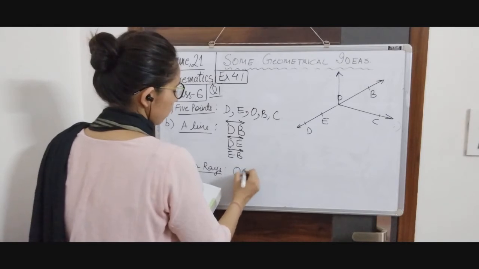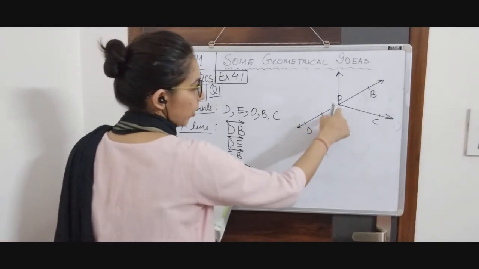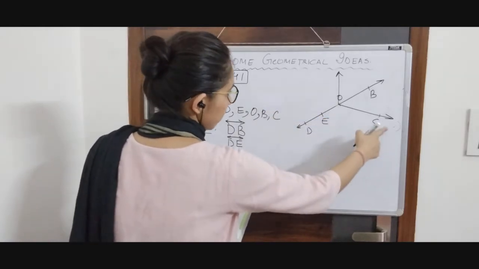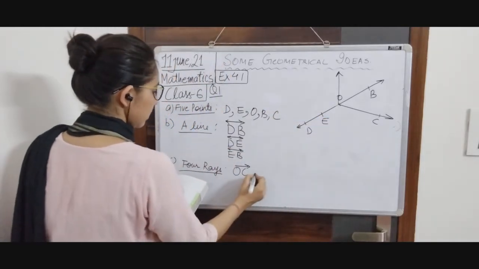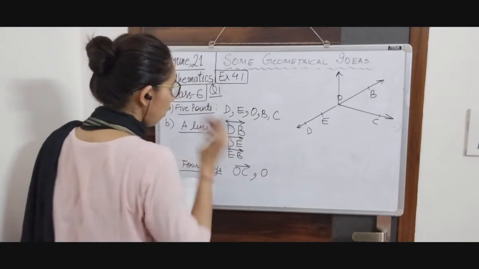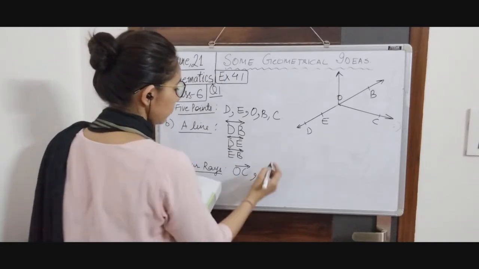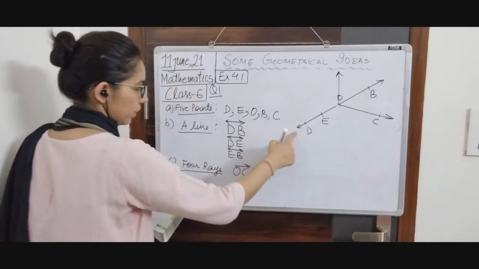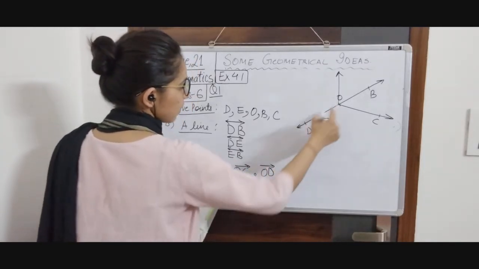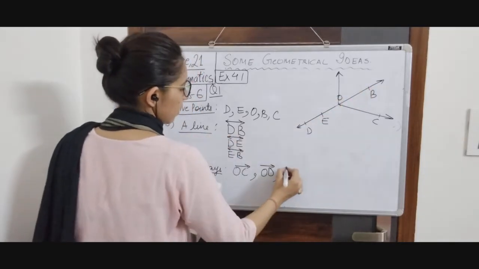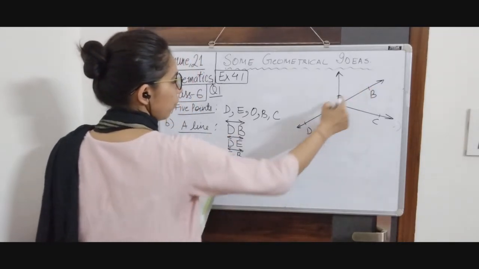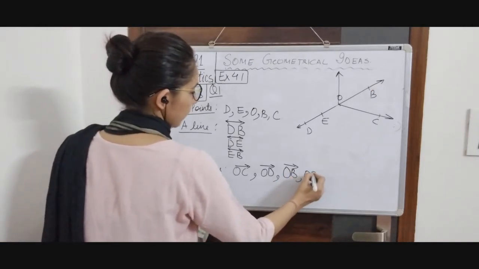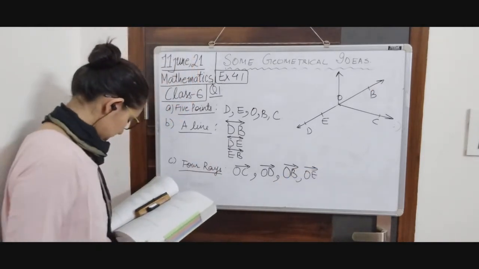O is your initial point. We are not going endlessly in the O direction. Next is OD, starting from here, then going here. Next is OB, starting from O, going in that direction endlessly. Then next we have OE. This is also a ray.